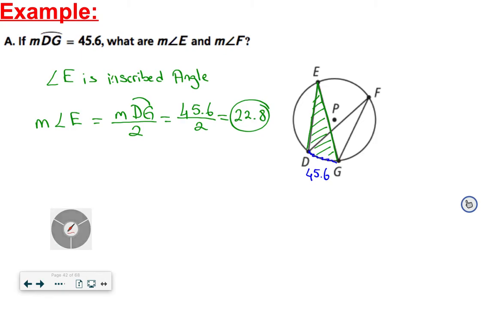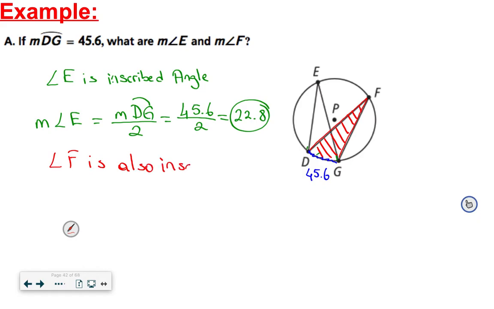Now, focus on this part. As you see here, angle F is also an inscribed angle, which means that the measure of angle F is going to be half of the intercepted arc DG.